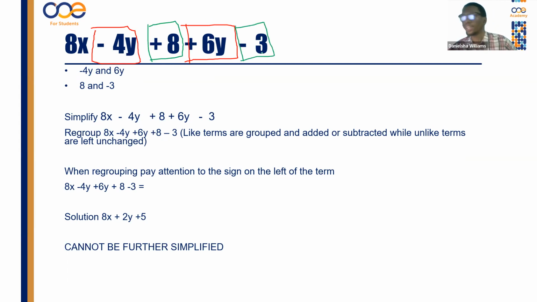The reason they are like terms is that the variables they have are matching. If you don't have any variable, they would be considered like terms as well. Afterwards, we can simplify by moving these terms together.